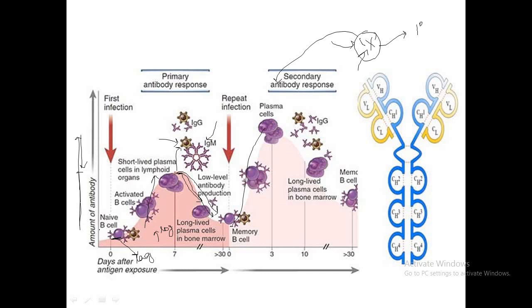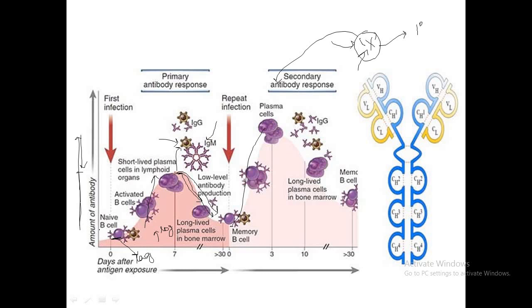And once this antibody gets produced, it will not take a longer time as the primary antibody response has taken, which took almost 14 days. But in this secondary antibody response, it will take 3 to 5 days for the production of antibody. So the amount of antibody that is produced here is very high.